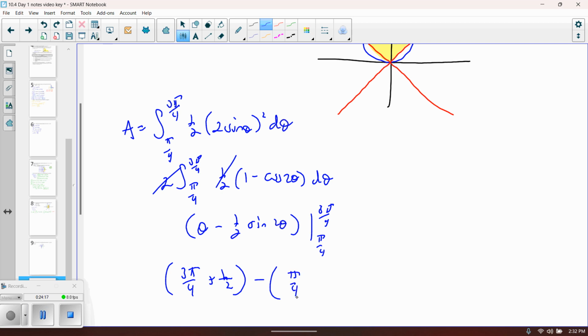And then we're going to get sine of pi halves, which is 1, so it's -1/2. So putting those two things together, we get 3 pi fourths minus pi fourths, which is 2 pi fourths, or pi halves. And then I've got 1/2 minus a -1/2, which gives me +1. So that area up there was pi halves + 1.